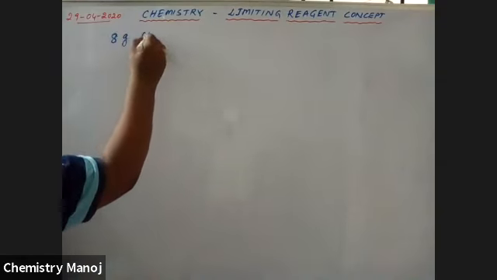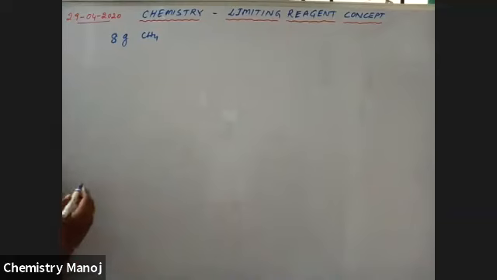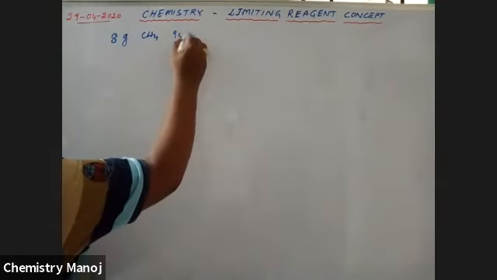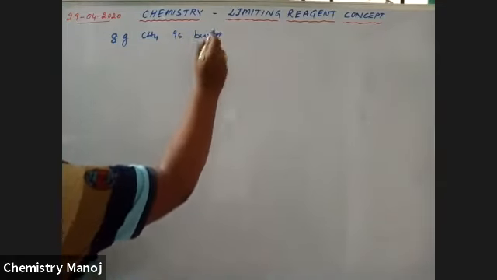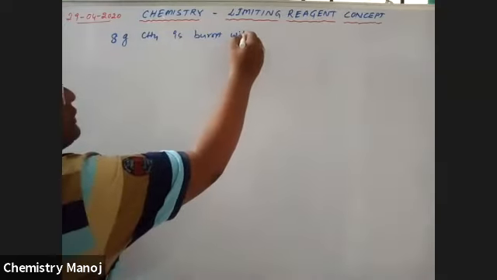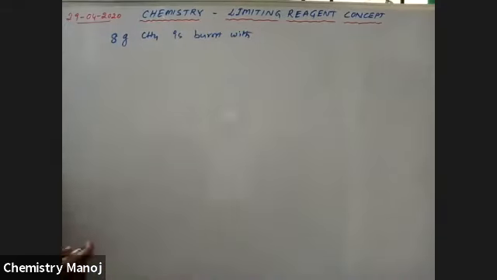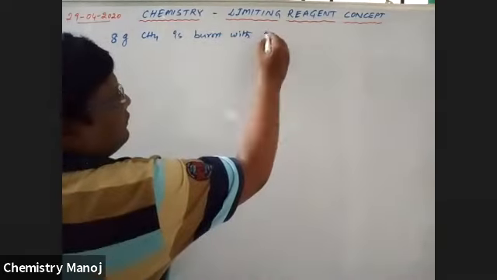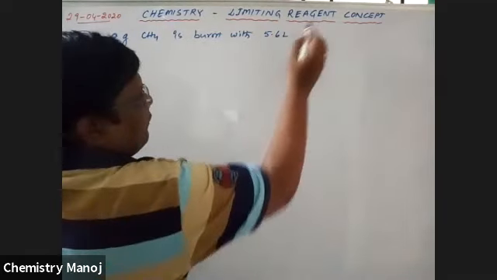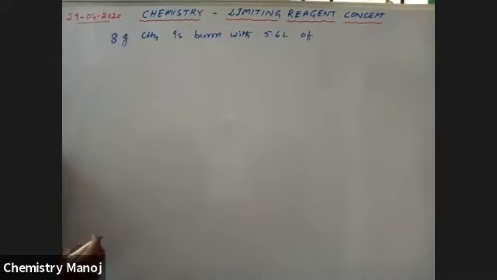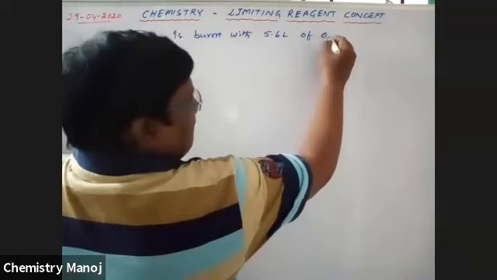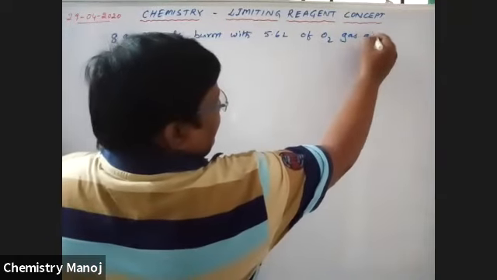8 grams of methane is burnt with 5.6 liters of O2 gas at STP.